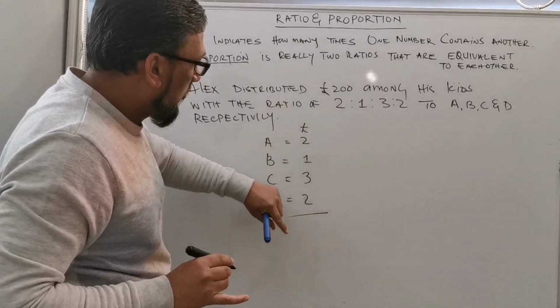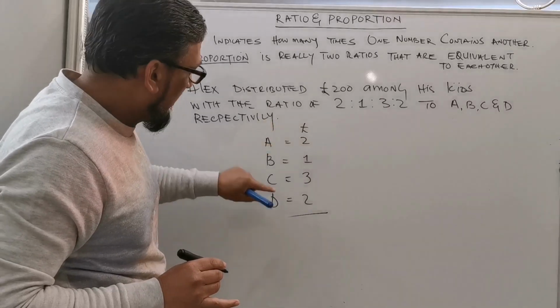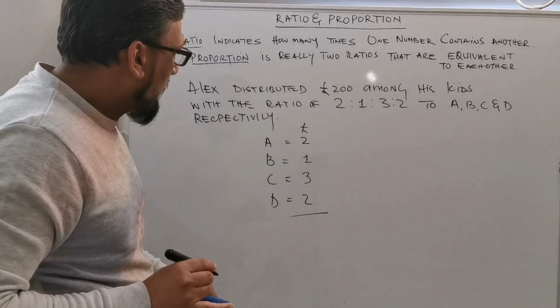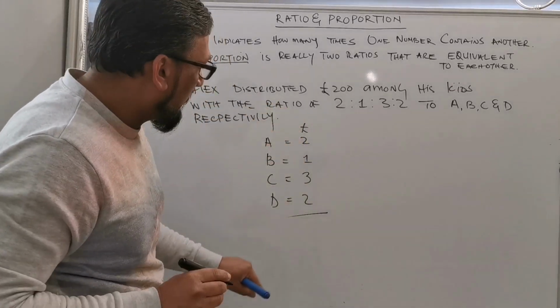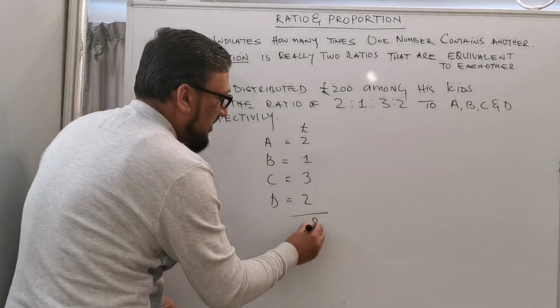Their ratio for A is 2, B is 1, C is 3 and D is 2. We can add the whole numbers, 2 plus 1 plus 3 plus 2, to get 8.